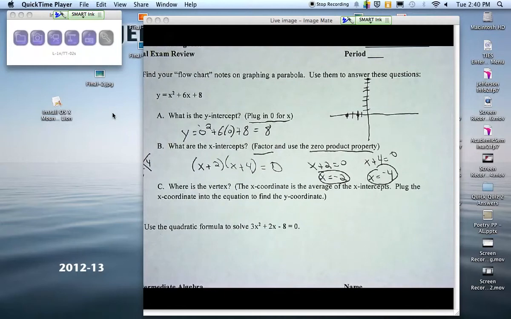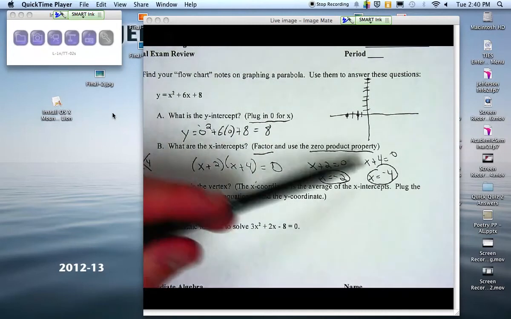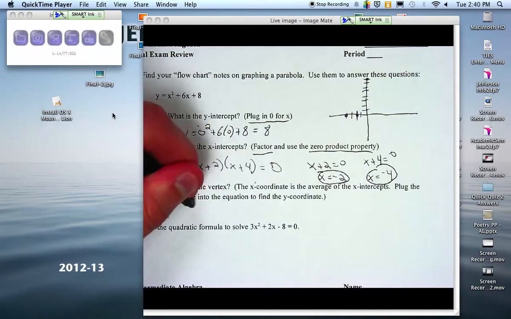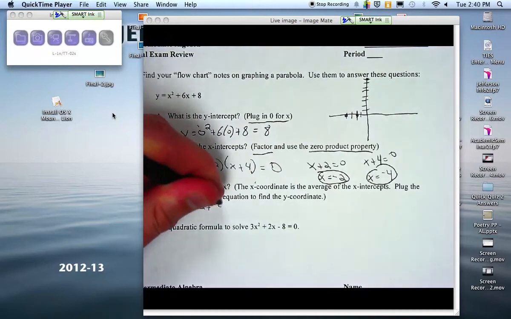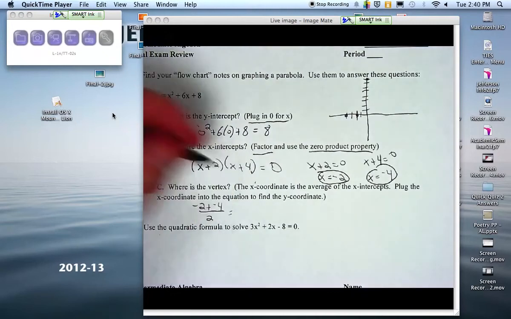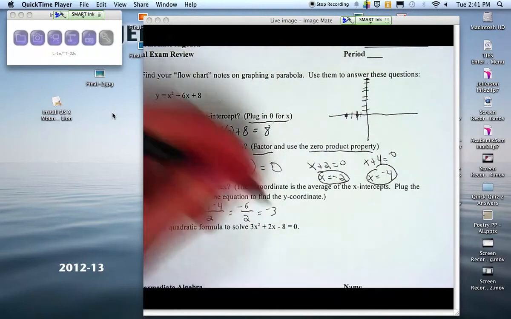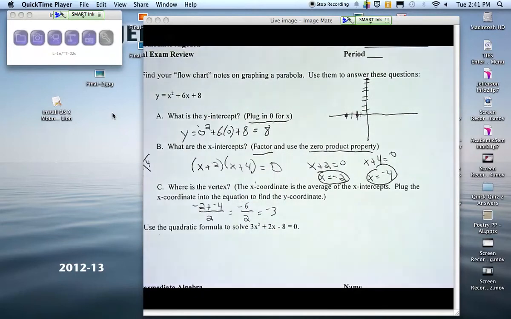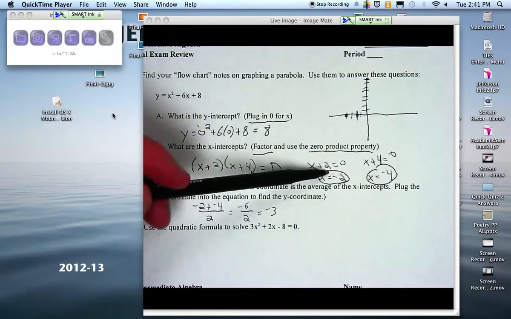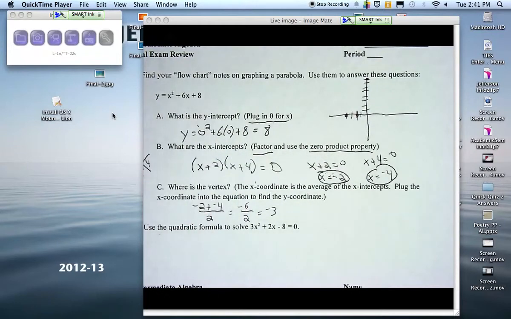And then to finish the problem, we want to know where the vertex is, and it gives you the hint again. The x-coordinate is the average of the two x-intercepts. And so I'm going to take the average of negative 2 and negative 4, which is just a matter of adding them up and dividing by 2. So negative 3, that's not a huge shock. Negative 3 is what's exactly halfway between negative 2 and negative 4.